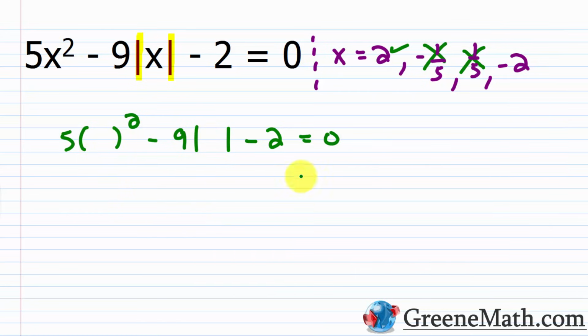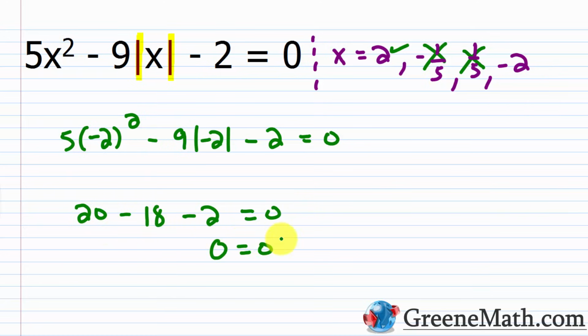But you know that's going to work because 2 worked, and you end up with the same scenario, because negative 2 squared or 2 squared each give you 4. So in each case, you're going to have 20 because 5 times 4 is 20. Then you're subtracting away 9 times 2 in each case, because whether I put a negative 2 or a positive 2 in there, the absolute value is 2. So 9 times 2 is 18. And then you've got minus 2, and this equals 0. Again, 20 minus 18 is 2. 2 minus 2 is 0.